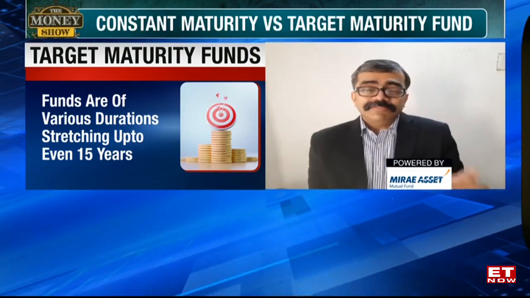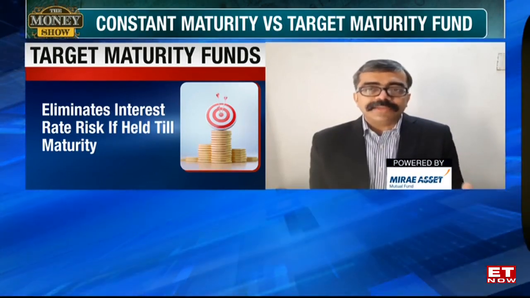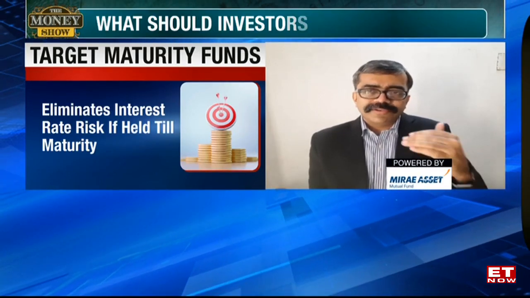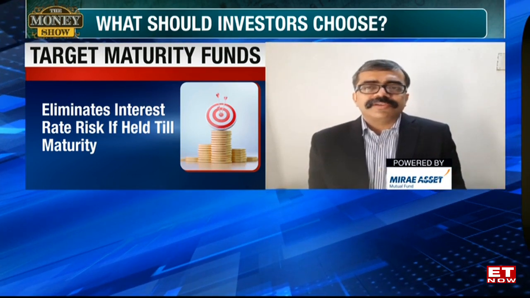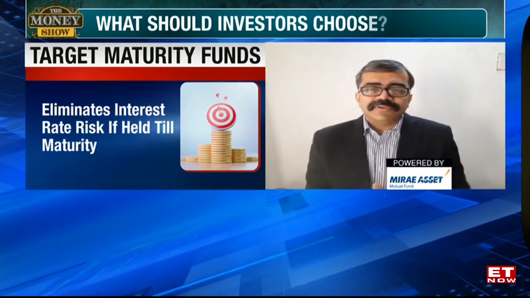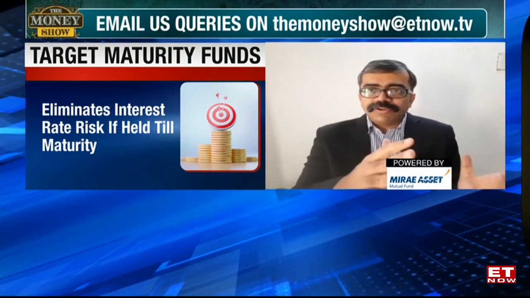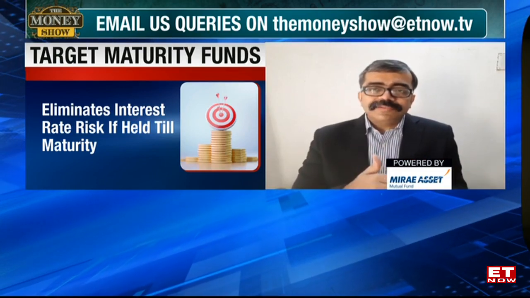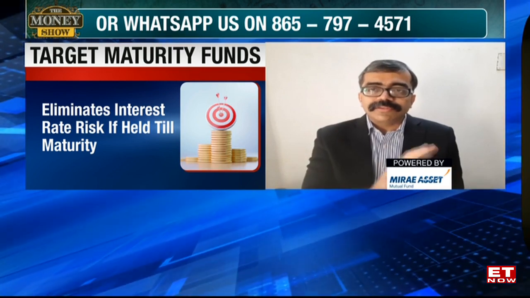However, even in a target maturity fund, you might have periods in between wherein your return goes even higher than the yield to maturity. That is because, in the interim period, if rates in the economy start falling, then for that time period you might see a sudden spurt in the returns and it might go higher than the yield to maturity.